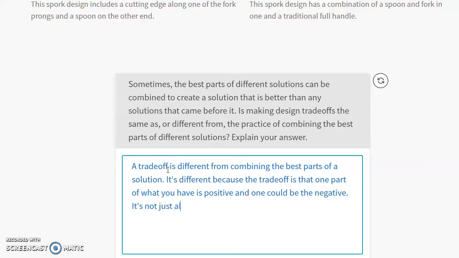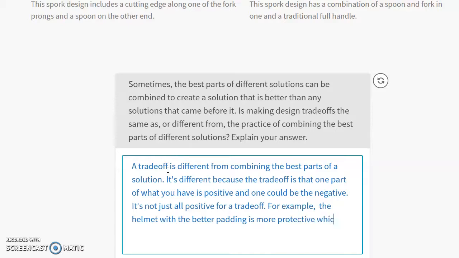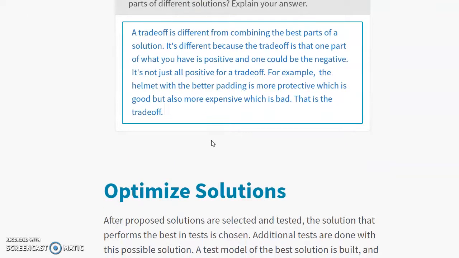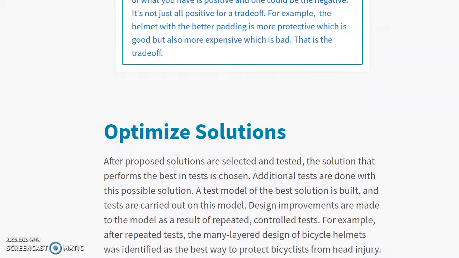It's not just all positive for a trade-off. For example, the helmet with the better padding is more protective, which is good, but also more expensive, which is bad. That is the trade-off, right? One is great, but you have to sacrifice something. You can't just have everything in the best solution possible.